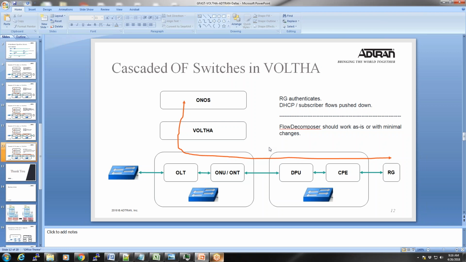But right now, when the DPU would get instantiated, when the port up would happen on the ONT that would go up to the OLT, and when you get your port on the OLT, that would not be a subscriber flow, but there would be some type of flow that could be set up that would provide the DPU an aggregate bandwidth as if the DPU was the port, not as if the individual subscribers were. That's the way we manage it today, is that the DPU has the subscriber knowledge. The OLT is a pass-through pipe.